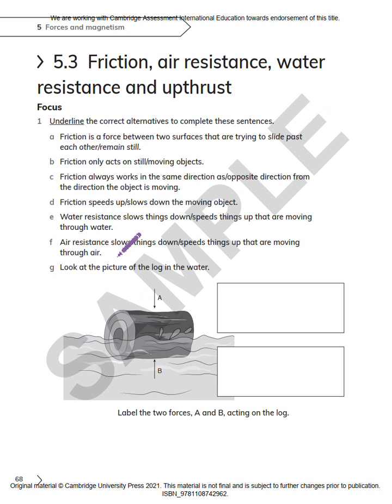G. Look at the picture of the log in the water. Label the two forces, A and B, acting on the log. So A, something is pushing down on the log. So A must be gravity, as it pulls things down to the center of the earth.